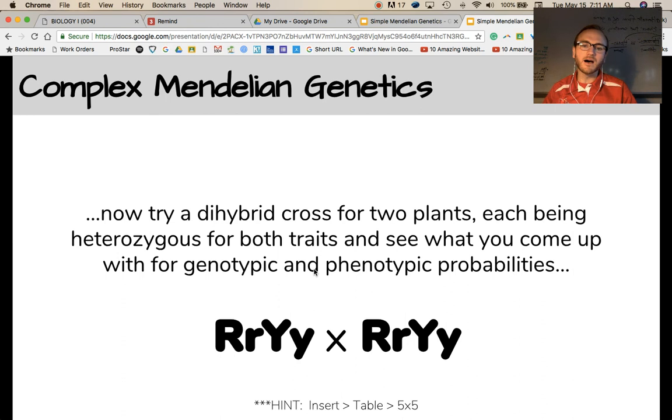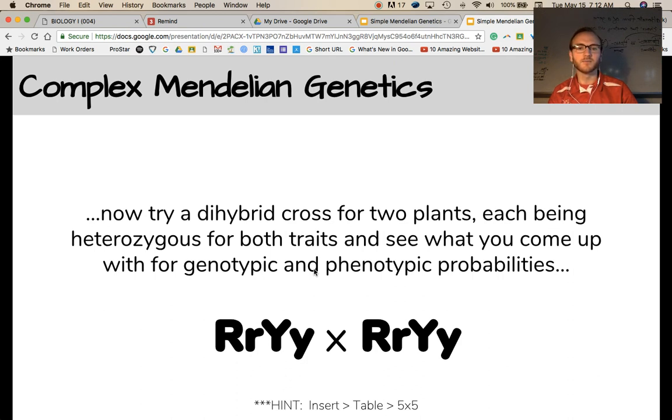So what I'd like you to do now, in your notes, is try a little bit of a shuffled dihybrid cross. You're going to do a dihybrid cross for 2 plants, and both of those plants are heterozygous for both traits. So we're still talking shape represented by the letter R and color represented by the letter Y. I want you to cross 2 parents that are homozygous for both traits, and I want to see what you come up with for your genotypic and phenotypic probabilities.